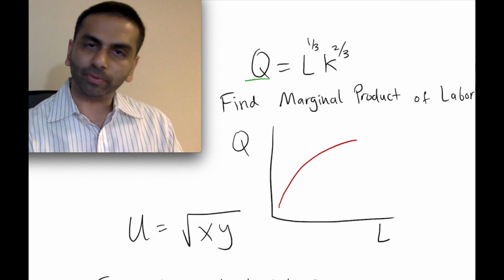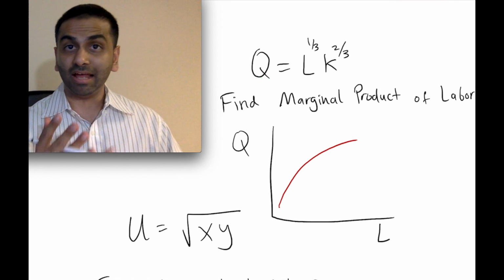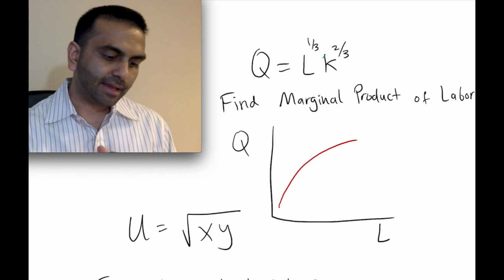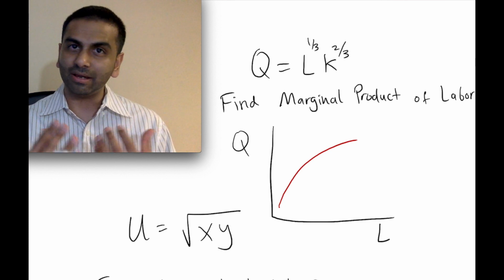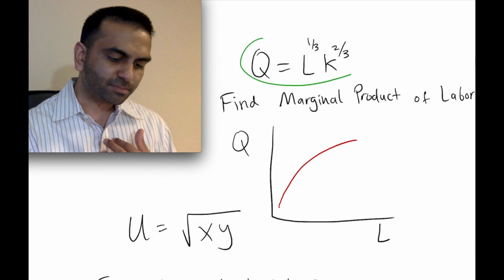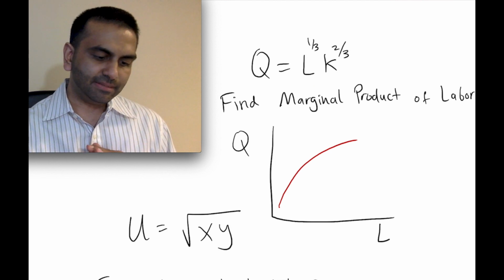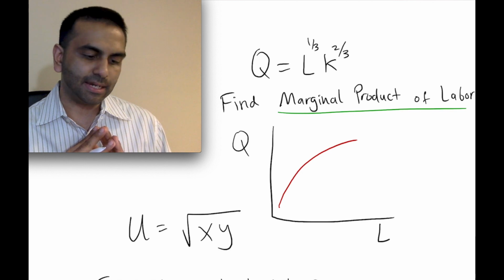So that's the output. And then the input variables are L for labor, the number of people working on it, and K for capital, the number of machines, if you will, that you have working on it. Given this production function, let's say you're asked to find the marginal product of labor, the MPL.